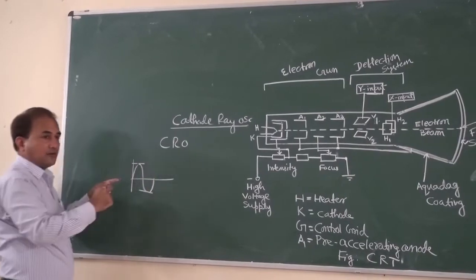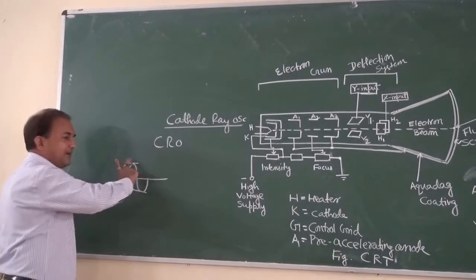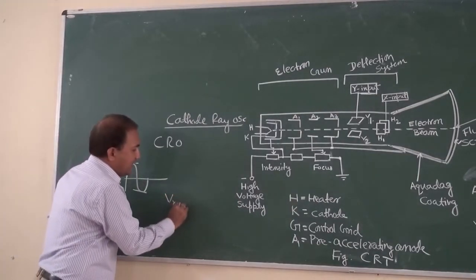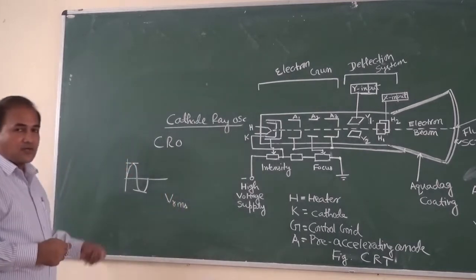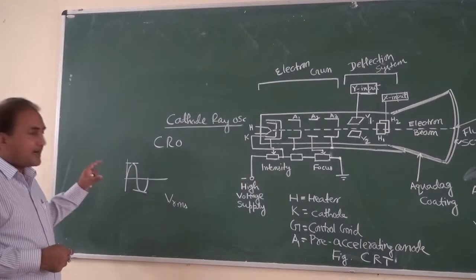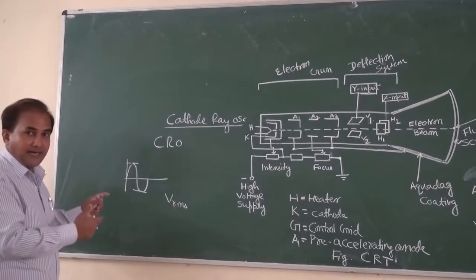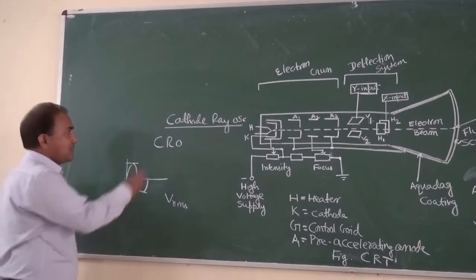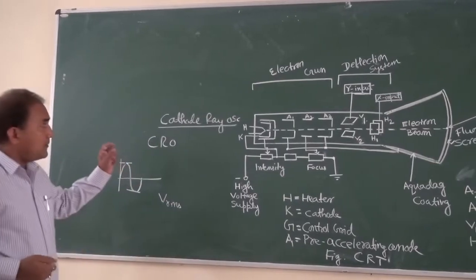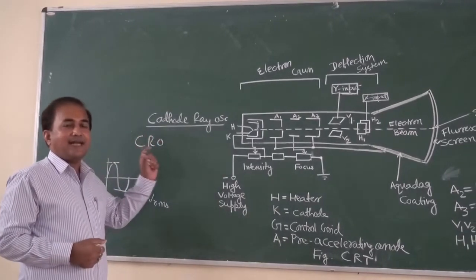If we are measuring the amplitude V peak to peak, then we can also determine VRMS. In this way we can determine the voltage, unknown frequency, phase difference, time period, etc. by using CRO. CRO basically consists of a cathode ray tube.